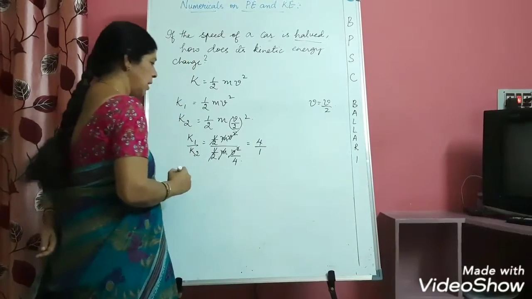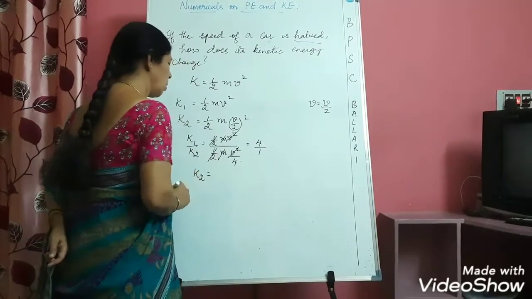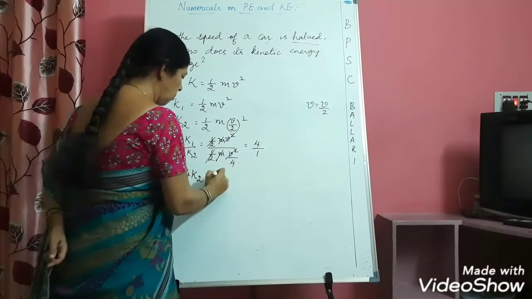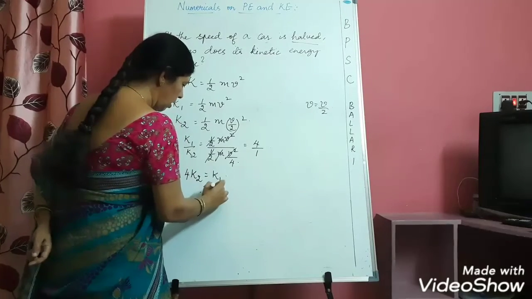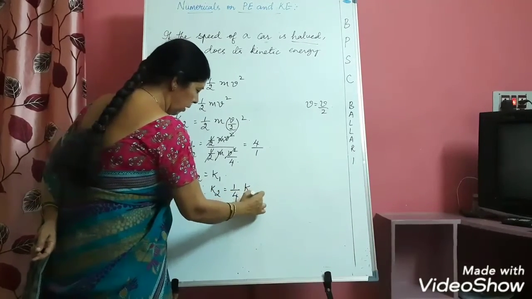Now 4K2 will be equal to K1. Therefore K2 will be equal to 1 by 4 K1.